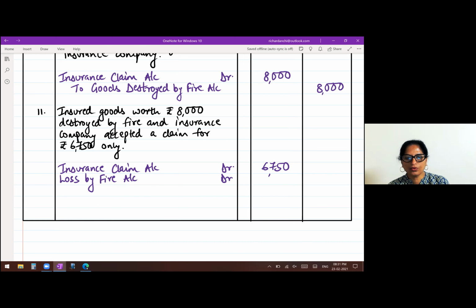Now it is 8,000 minus 6,750, which is 1,250. To goods destroyed by fire account. In the credit column, it has to be 8,000.